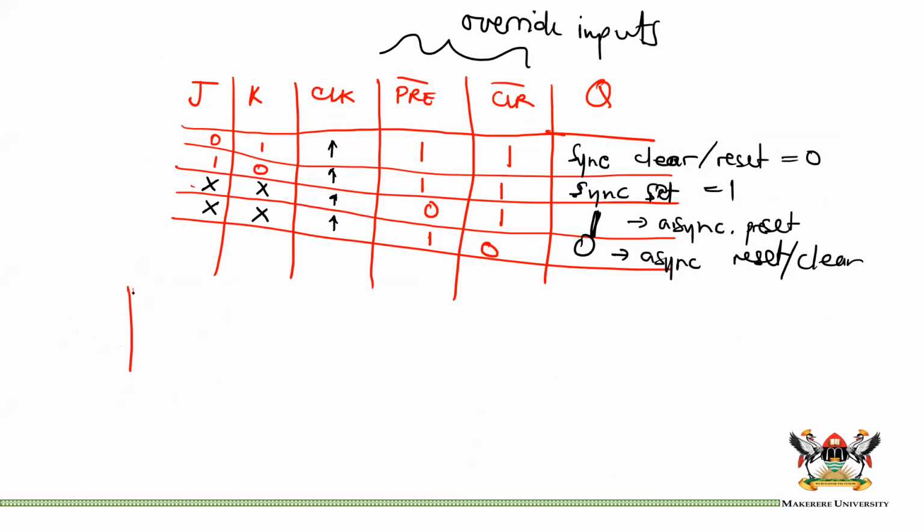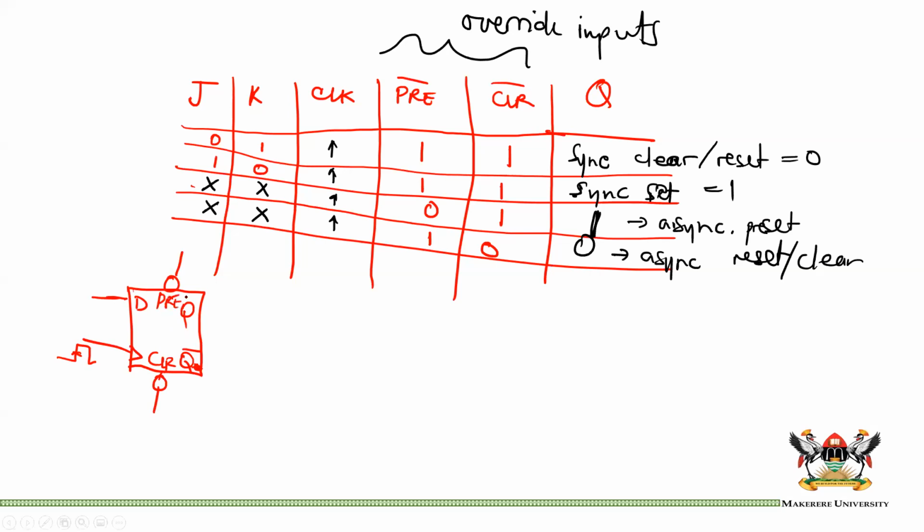Let's say we have a D flip-flop. And this is D. You have a clock. And you have Q and Q inverse, sorry, not Q naught. You always have these. This is clear and this is preset.